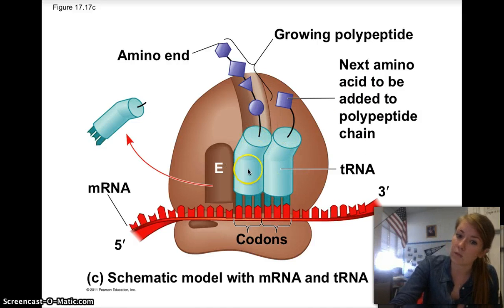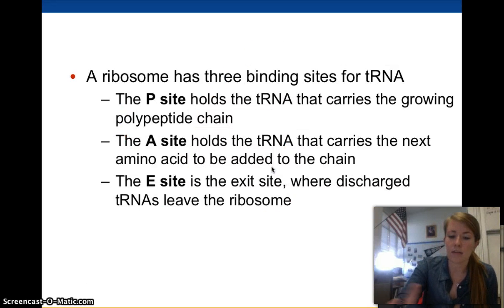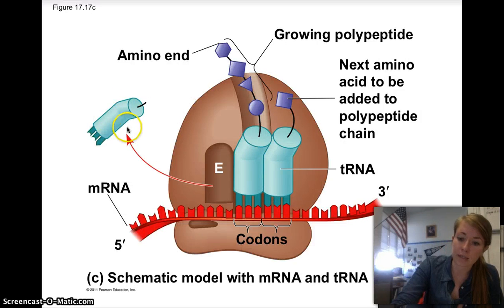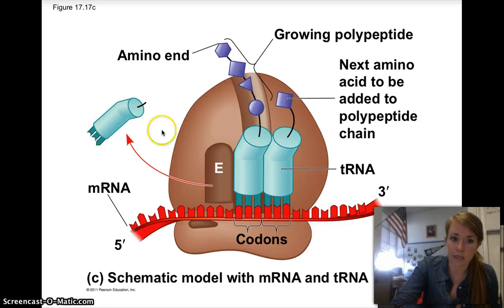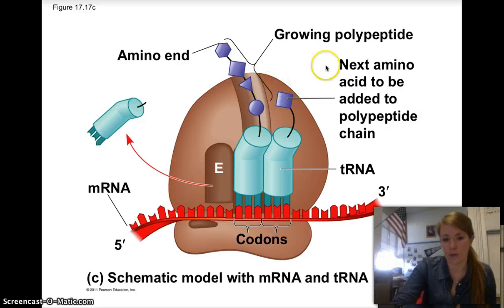This will move into the P site, and then this will have all of the amino acids on it. And then there's the E site, where the last tRNA to give up its amino acid is leaving. So here, this tRNA was just in the E site, and so this triangle amino acid was the one that belonged to this tRNA. And the tRNA that left before this one would have had this square amino acid attached to it. So the tRNAs move through and they pass on the growing amino acid chain.